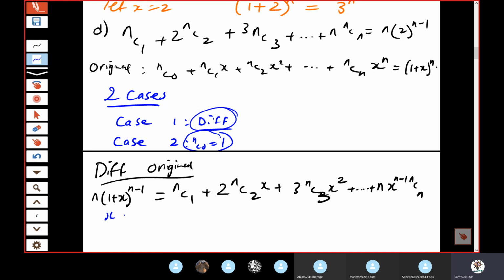To finish this off, x equals 1. 1 plus 1 is 2, so I get n times 2 to the n minus 1 equals n choose 1 plus 2 n choose 2 plus 3 n choose 3 plus dot dot dot plus n times n choose n. The x disappears. Finished.